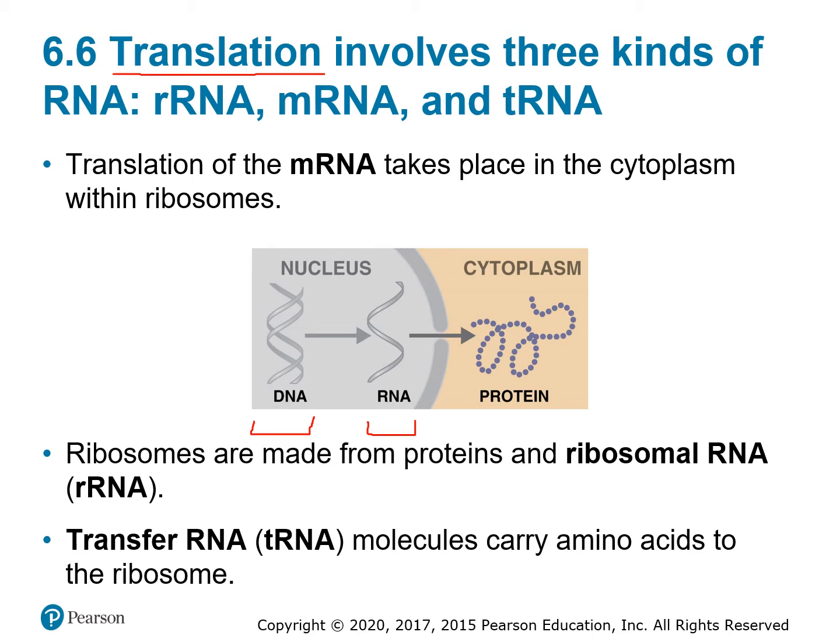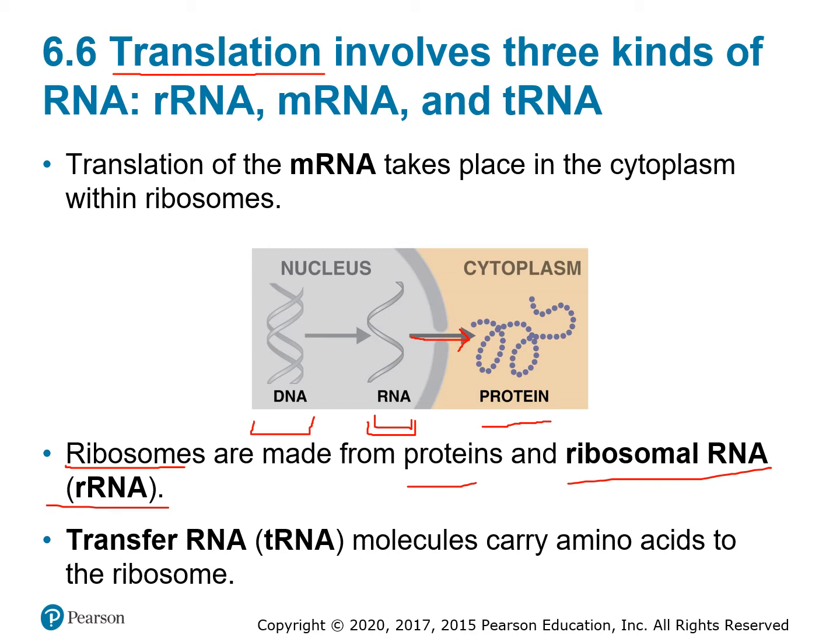Translation is going from the RNA molecule that, remember, leaves the nucleus, goes into the cytoplasm, and is going to meet up with the ribosome ultimately to build a protein. So let's talk a little bit about ribosomes. Ribosomes are made from proteins and a type of RNA called ribosomal RNA, or sometimes rRNA.